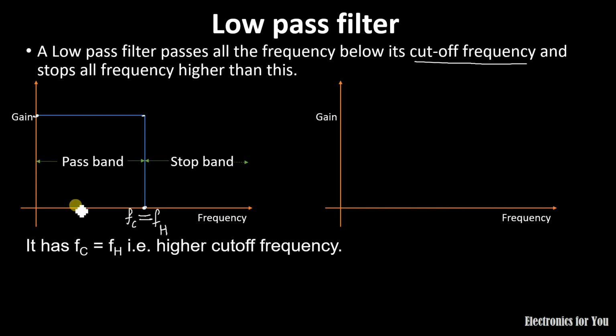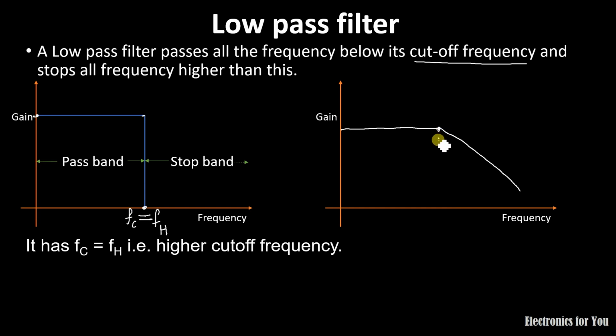Now let's see the practical frequency response. In the practical frequency response, the gain reduces gradually. In the ideal case it was reducing sharply, and we got zero output directly. But in the practical case, as we can see here, the output reduces gradually.